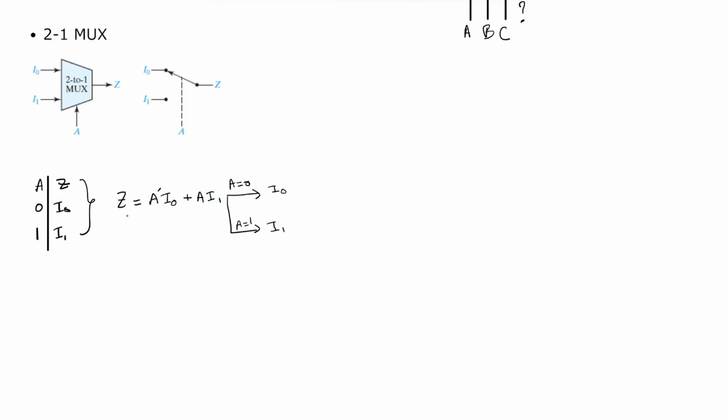Now let's see how we can take this and draw the circuit. We have a summation. That means we need an OR gate, and then the output is Z. Then here we need A prime multiplied by I0, so we need an AND gate. And we also need another AND gate for A multiplied by I1. From this one we have I0, and from this one we have I1.